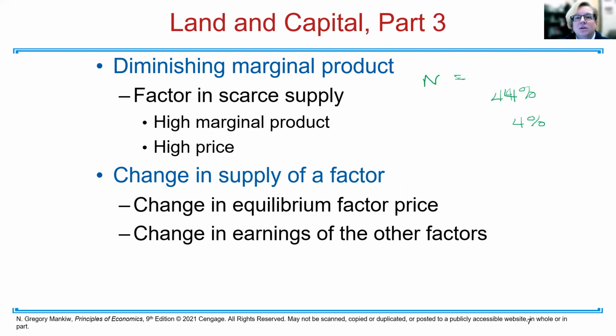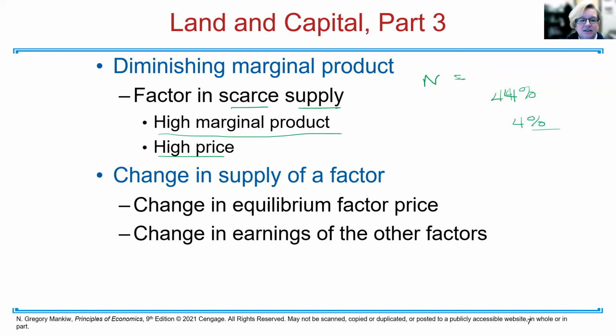Now we know petroleum is in scarce supply, especially right now, at the time I'm recording this, as we just released some of our petroleum reserves. So if a product like gasoline requires a high percentage of petroleum, then it's going to have a high marginal product. If it requires a very low amount of petroleum, then it's going to have a low marginal product. And again, here's where we get the high price.